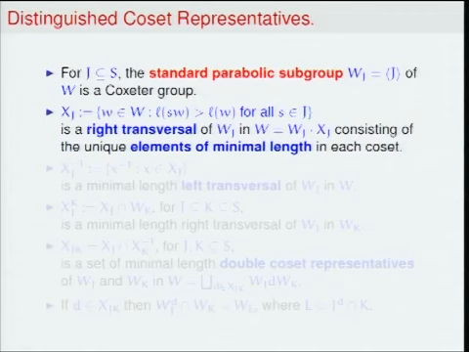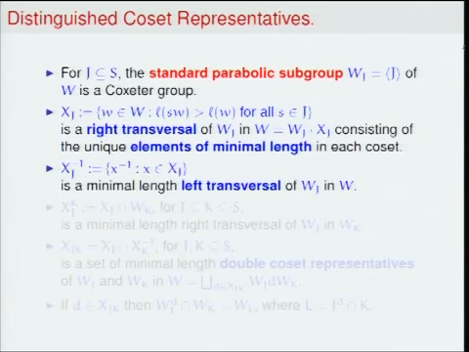Due to the fact that the generators have order 2, of course, if you take the inverses of these elements, you get a left transversal, and then there are a couple of other sets that are closely related.